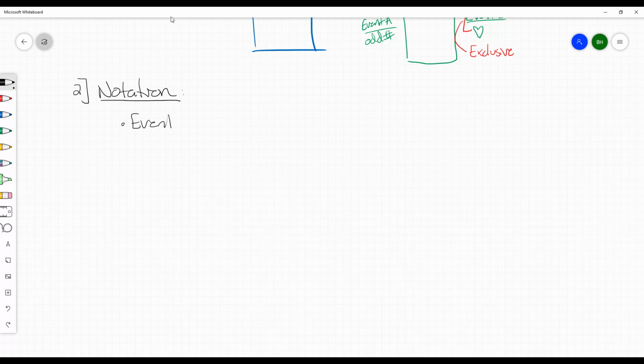In an event, we're going to be using a variable, in other words, an identifier. Not necessarily a variable in the traditional sense, but just so we can see what an event actually looks like. So we would call this event A, for example, as our notation. Okay, pretty simple. Now, probability.